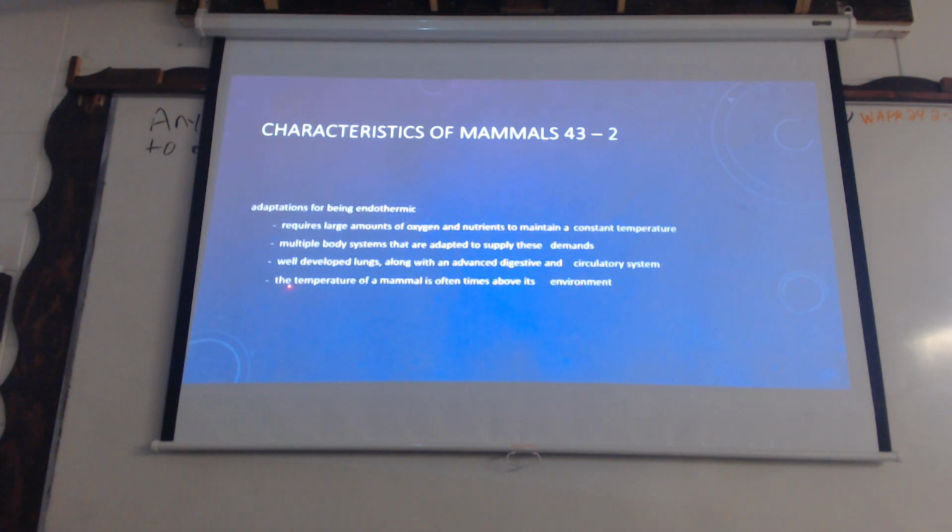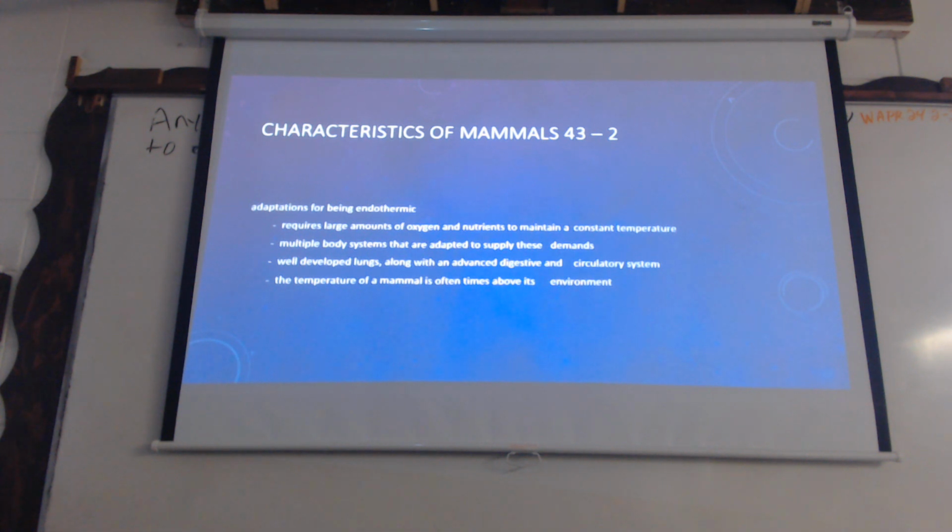Now, the temperature of a mammal is oftentimes above the temperature of its environment. Certainly true leading up to today, because for you individuals who have been outside, it's not that it's cold out, but what is the approximate temperature? Like 20-something.